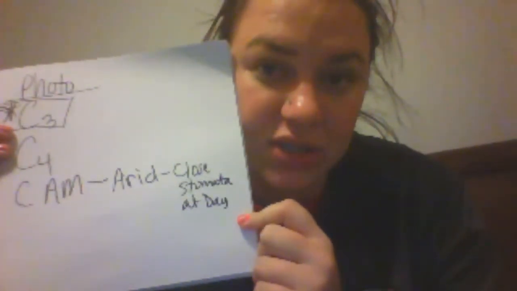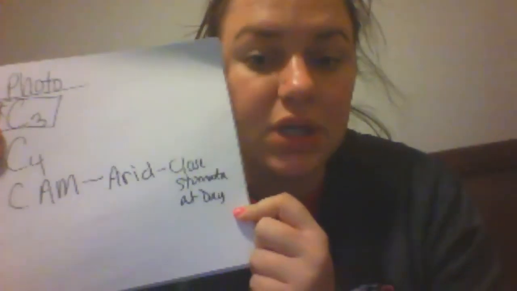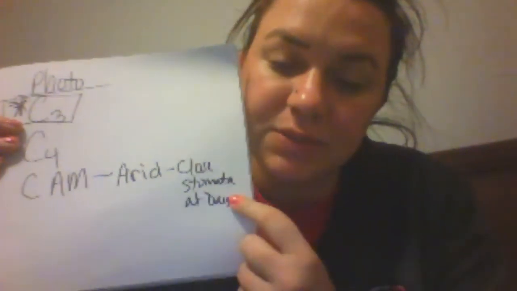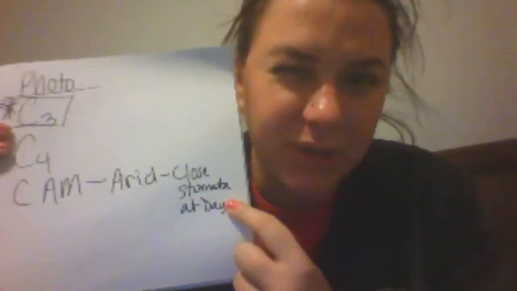They close their stomata during the day. If you think about it, the stomata are for gas exchange, but water can leak out too. So how do they avoid this? They close them during the day because they're in a hot, arid environment. So it only makes sense to close them.